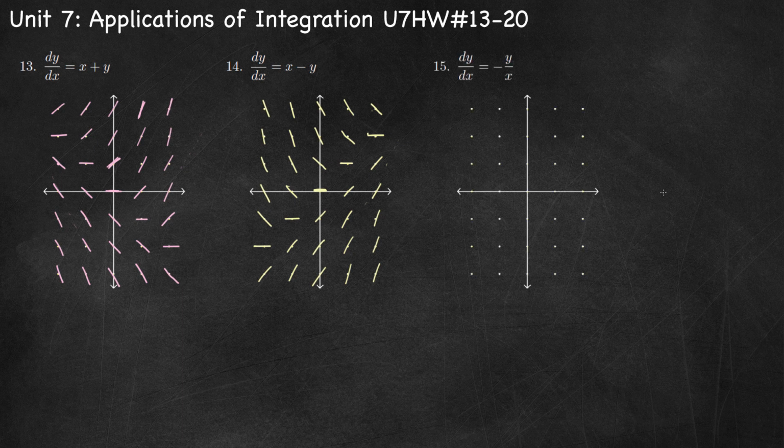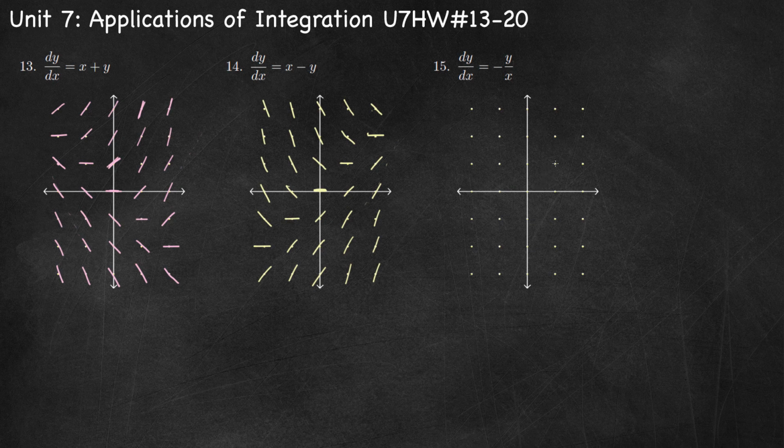Our next differential equation is dy/dx equals -y over x. So we're going to get, well, when they're both 0, we don't get anything. 0 over 0 is indeterminate, so we're going to leave that blank.